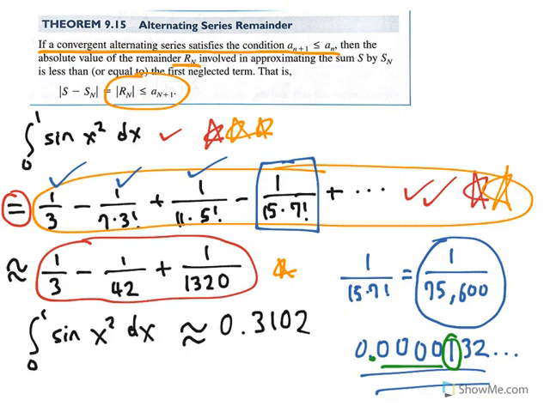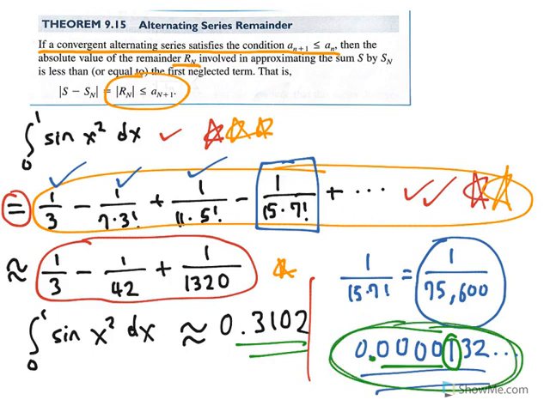So if you just add to our approximation the maximum error we could have, it would still be accurate to 4 places after the decimal. Or you can subtract the maximum error we could have, and it would still be accurate to 4 places after the decimal. You should really look at what you have for the digit after the 2. And I did consider that, and it works out.